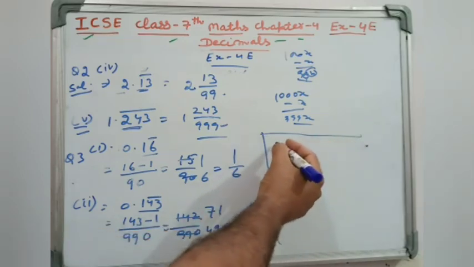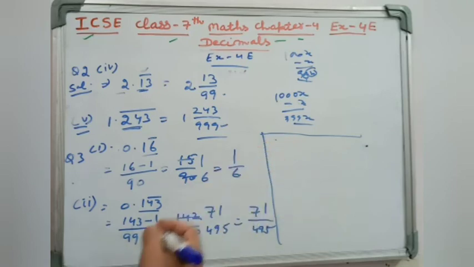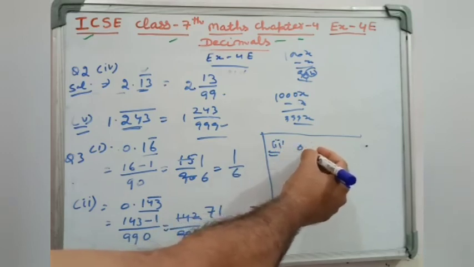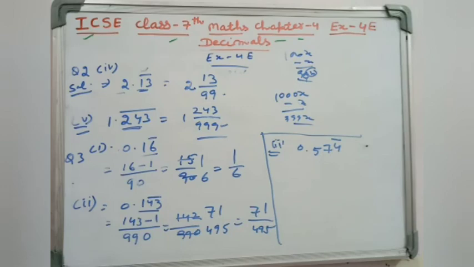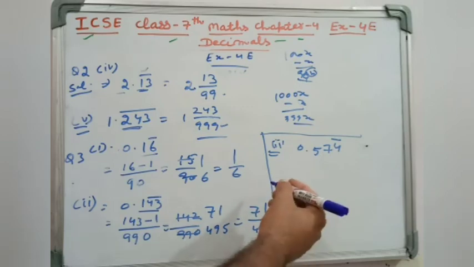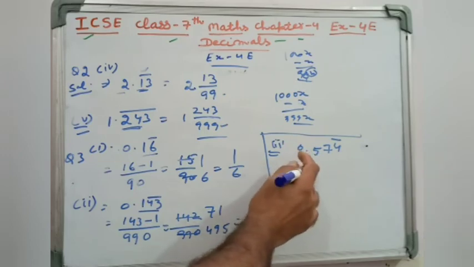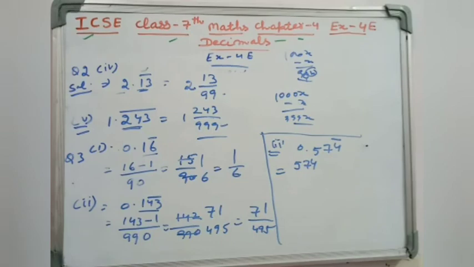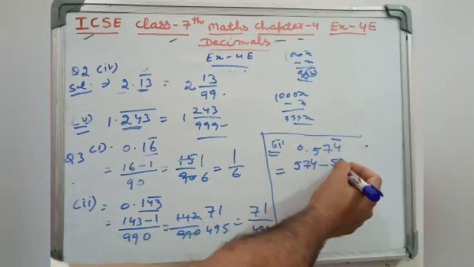Now students, we are left with part third. Part third is 0.574 bar, right? Nothing to panic. We can write it as 574 minus, the bar is only at 4, so 57 will be dropped, minus.